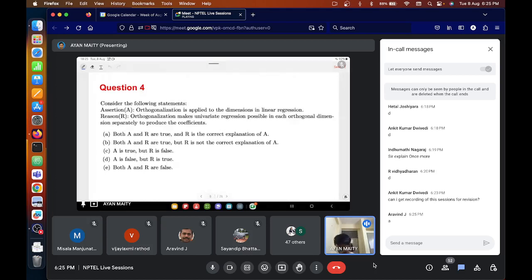Arvind J is saying A, which is both A and R are true and R is the correct explanation of A. Okay. Anyone else?